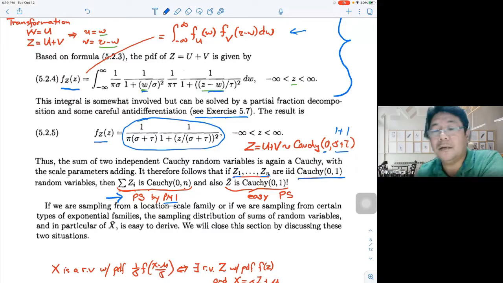You can verify that the finite sum is Cauchy 0, n, and the distribution of the sample mean is Cauchy 0, 1, the same as our random variables. So easy. Take this as a problem set also.